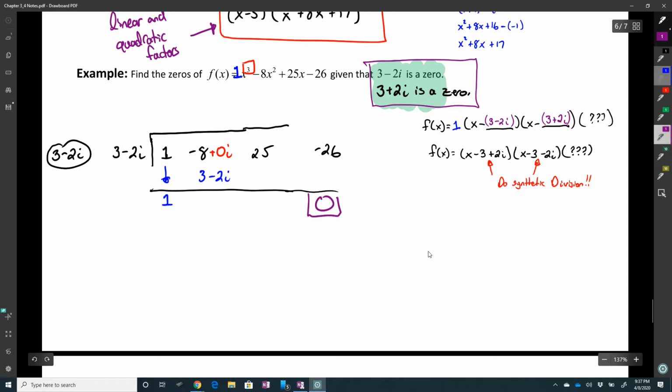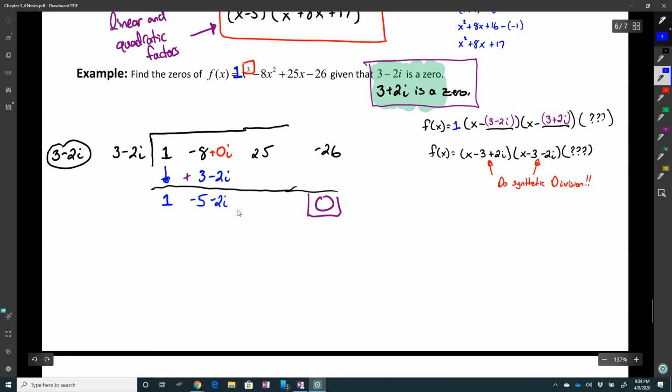All you have to do is add up like terms. So negative 8 plus 3 is negative 5, and that's negative 5 minus 2i.